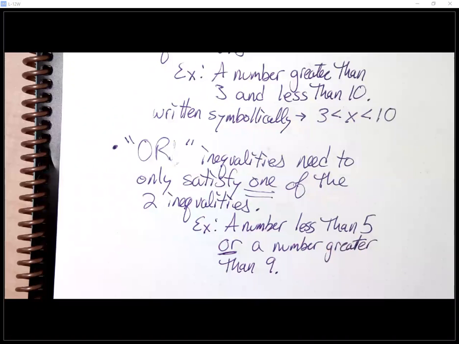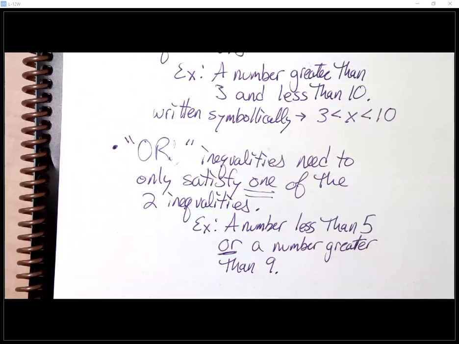Okay, how about 0? Would 0 be a solution? It is, because it is a number that's less than 5. 8. 8 would not, because it doesn't satisfy either one. It's not less than 5 and it's not greater than 9. So 8 definitely doesn't work. Okay.